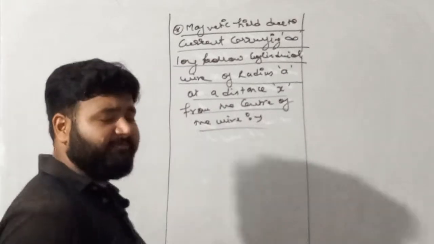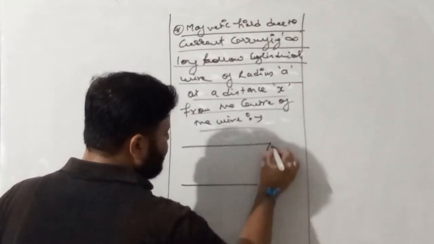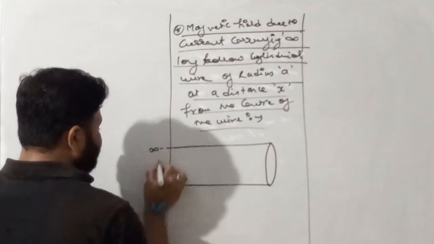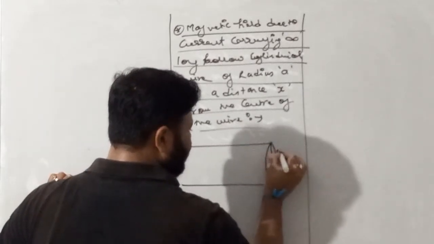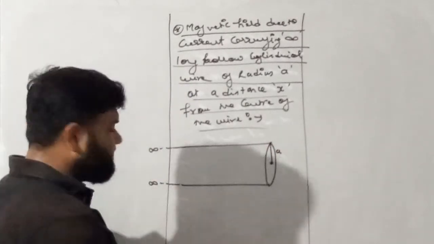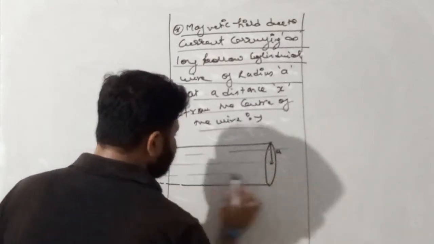Now see, my dear student, what actually hollow wire is. Hollow wire means from inside the wire no surface is there. So this is basically side view of hollow wire. This is of infinite long length, and the radius of hollow wire we are considering is a. Now see, if this wire is hollow wire, then current only flows on its surface.